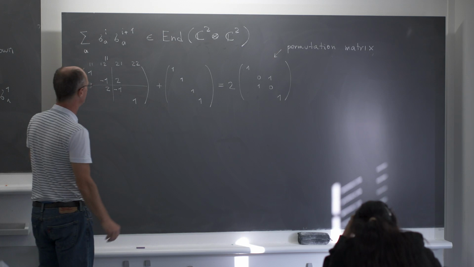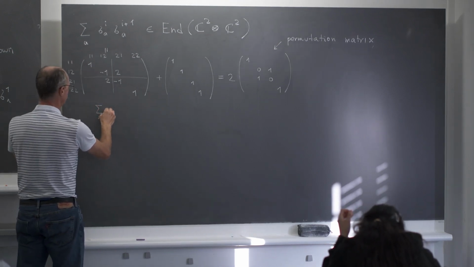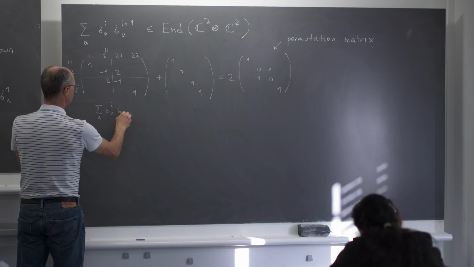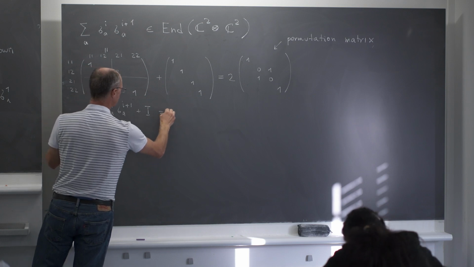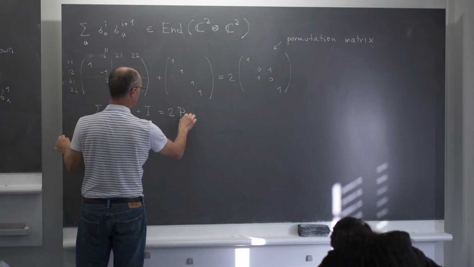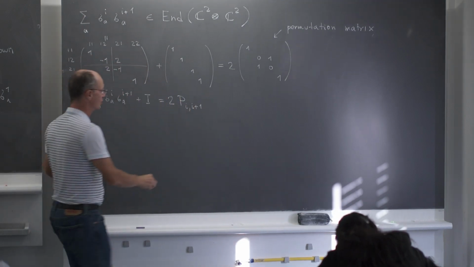So what we see now is the following: the sum over a of sigma_a,i sigma_a,i+1 plus the unit matrix is twice the permutation P_i,i+1.